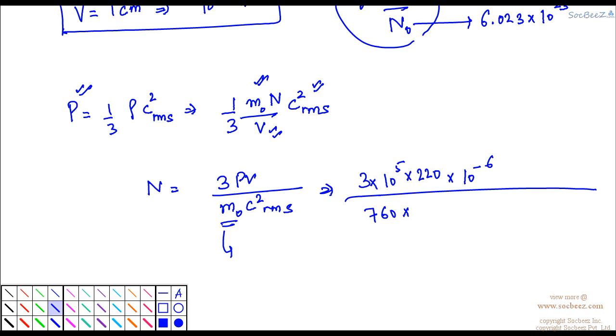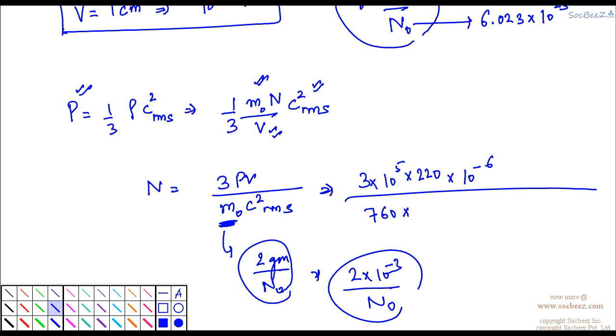First we consider the whole molar weight of hydrogen, that is 2 grams, upon Avogadro's number. In SI units it would be 2 into 10 raised to power minus 3 upon Avogadro's number, 6.023 into 10 raised to power 23, into C square RMS, that is 2400 into 2400.